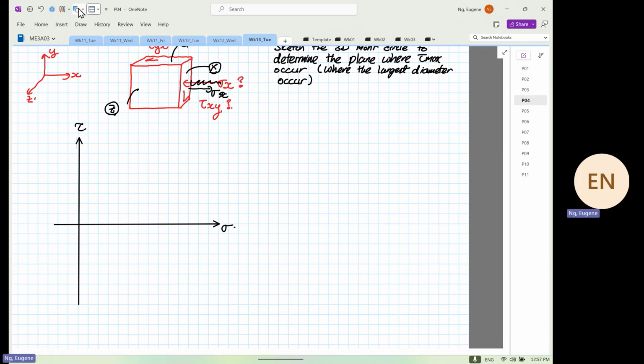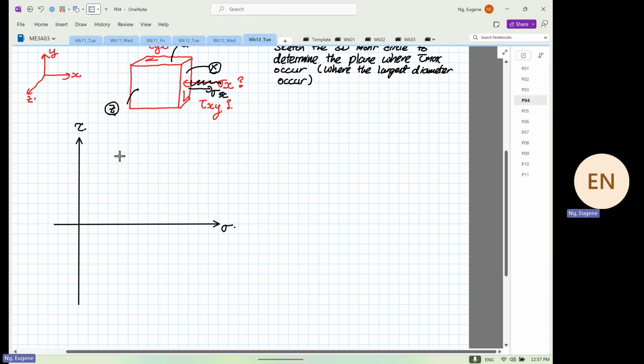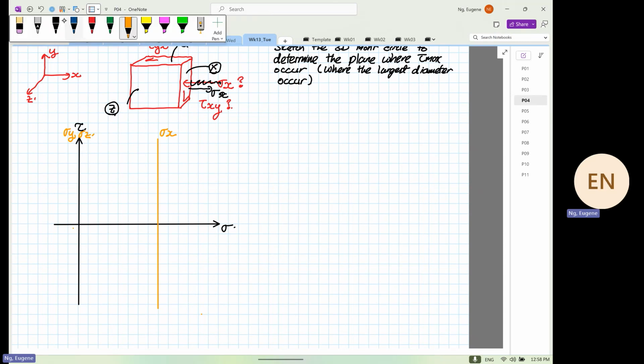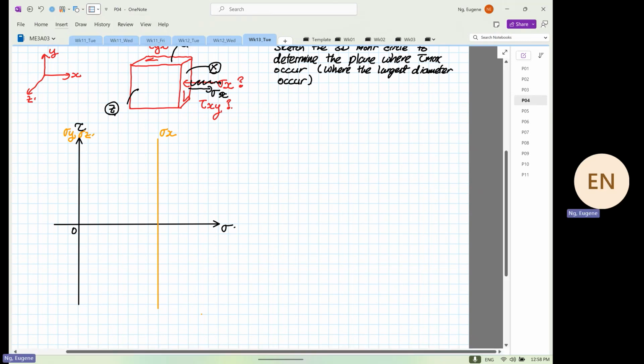So we are going to sketch our normal stress. We know that this is our normal stress line. So this is our stress X. We know that our stress Y and stress Z is on the vertical where this is equal to 0. Element rotate clockwise, element rotate anti-clockwise, and then we will sketch our shear.